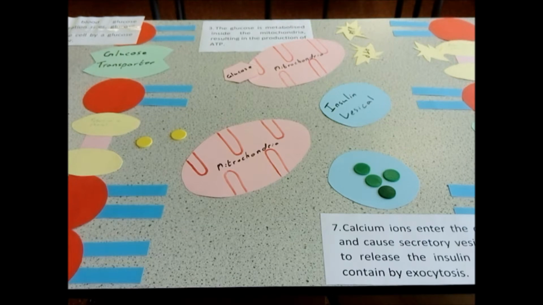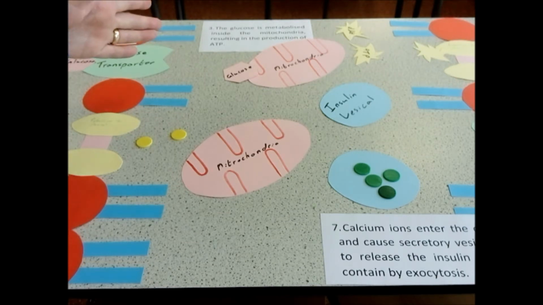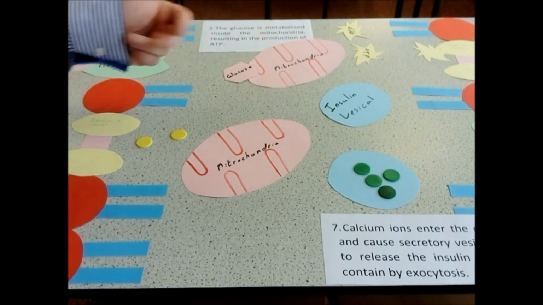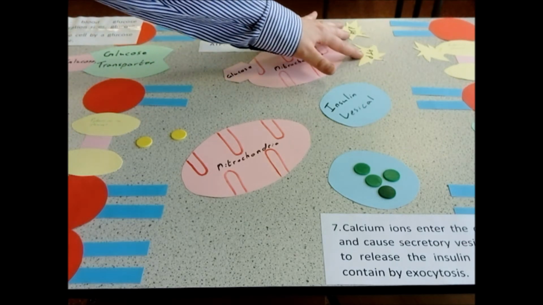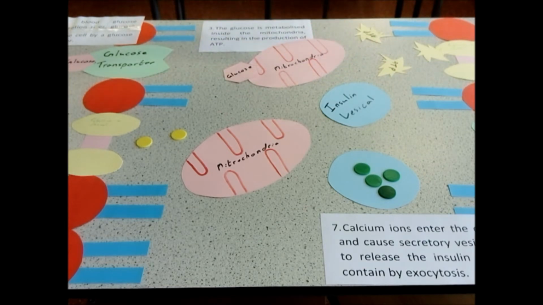When blood glucose rises, glucose enters the cell by a glucose transporter. So it'll bind onto it and it will get transported in. The glucose is then metabolized by the mitochondria, resulting in the production of ATP.